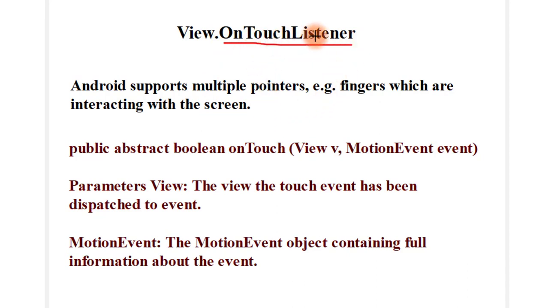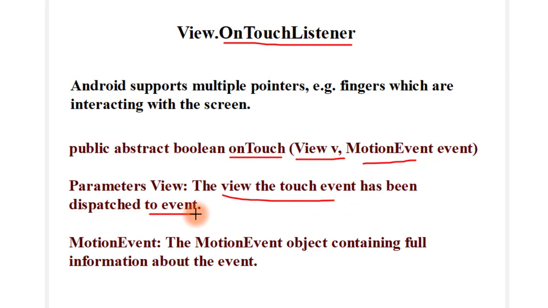On touch listener is an interface which has one abstract method, that is your on touch. On touch is a method that is available in on touch listener, and it has two parameters, view and motion event. The view is the one to which the touch event has been dispatched.